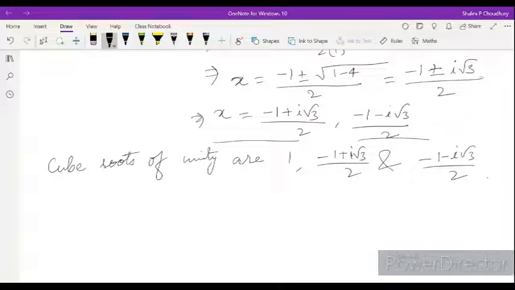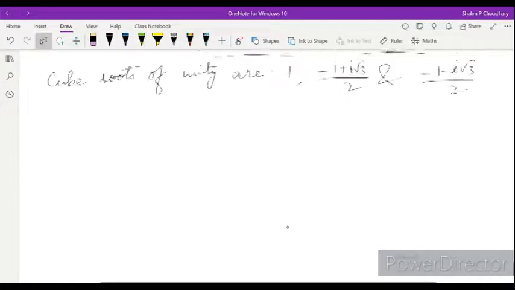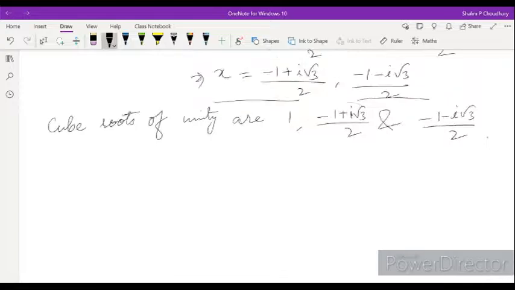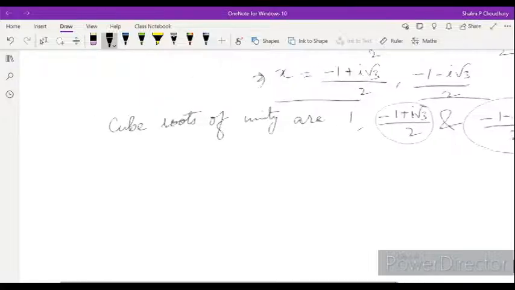Okay, now we can see these 2 roots are conjugate of each other, because minus 1 is there, and only the sign of the imaginary part, the number with i, will change. So you can see these 2 are conjugate of each other. One root is 1 and the other 2 roots are conjugate of each other.